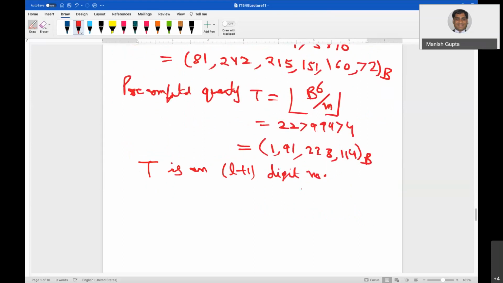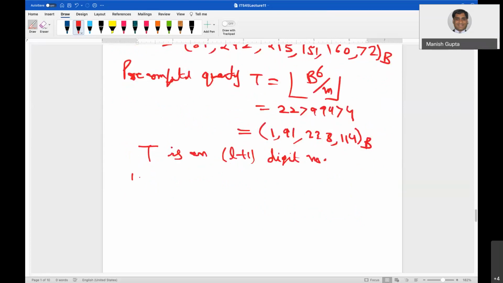Okay, so now using capital T, which is a pre-computed quantity, using capital T, small m, and x as input for the algorithm.